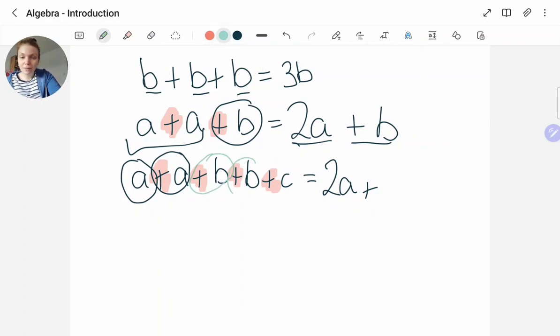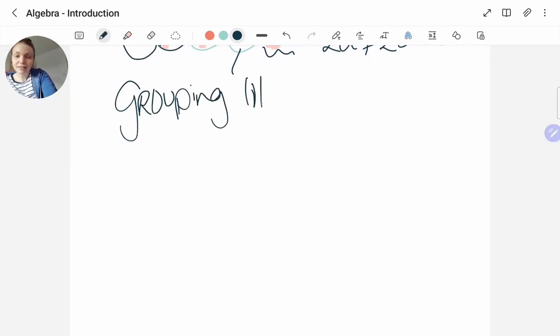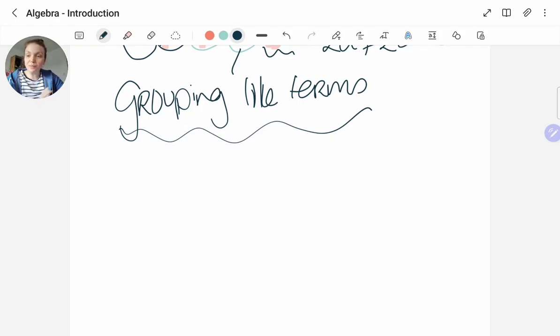B plus B is going to be 2B plus our C, okay? And this is the topic of grouping like terms. Okay, so grouping like terms, which means we're grouping together things that are the same, okay? So all the letters which are the same are going to go together.